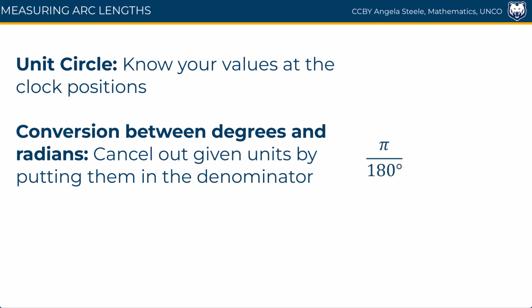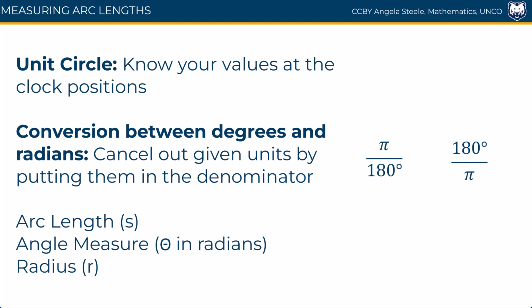So from degrees to radians, we're going to take the degrees, multiply it by pi radians over 180 degrees. And then if we convert from radians to degrees, we start with some value of radians. I'm going to say r radians, and multiply that by 180 degrees divided by pi radians. Okay, and then the last one is that relationship between arc length, the angle measure, and the radius.